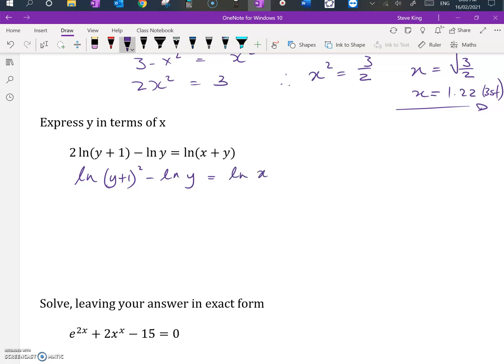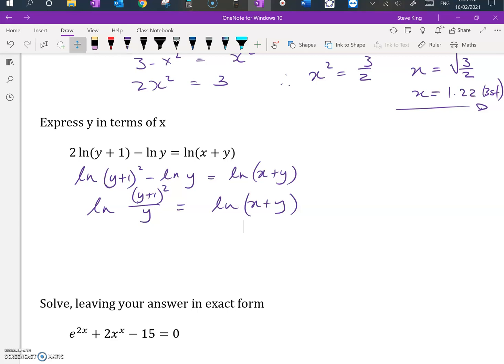And this is going to be the ln of x plus y. And I can tidy the left-hand side up a bit more and make this the ln of (y plus 1) all squared over y, and that's going to equal the ln of x plus y. That's using the second of the log laws.